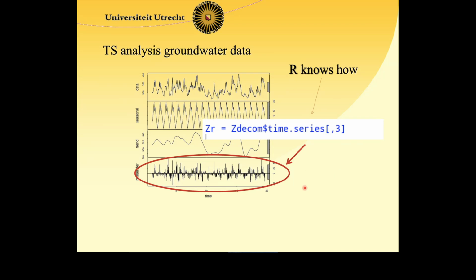So if you want to know, ZR is the residual. The decomposed time series has 3 components. It's a data frame again, with time series 1, 2, and 3. This is time series 1, time series 2, and this is time series 3, which are the residuals.